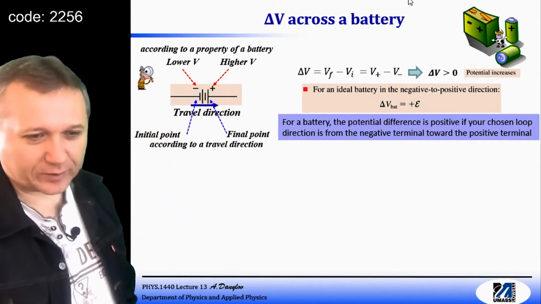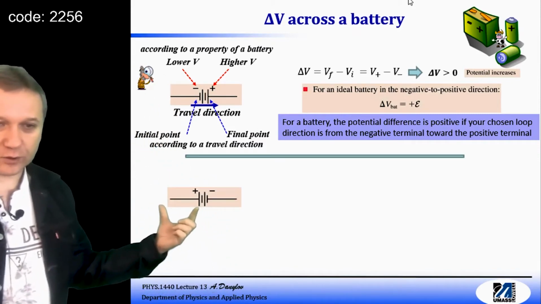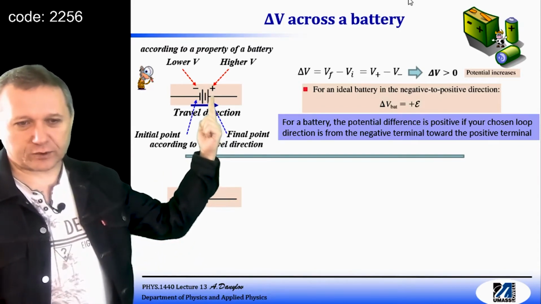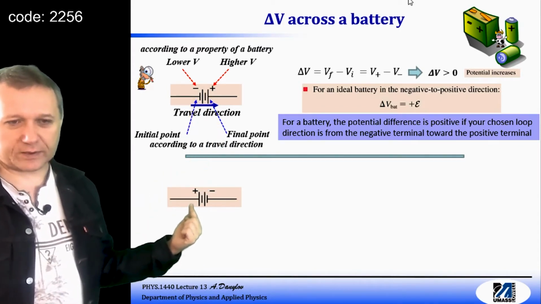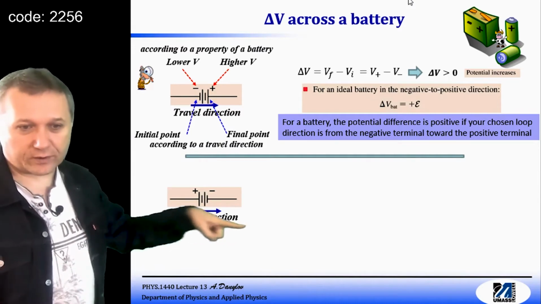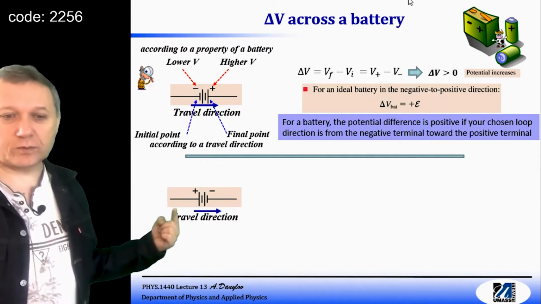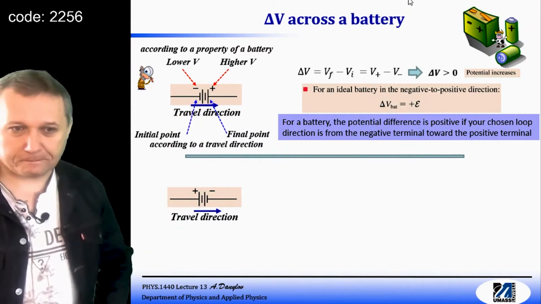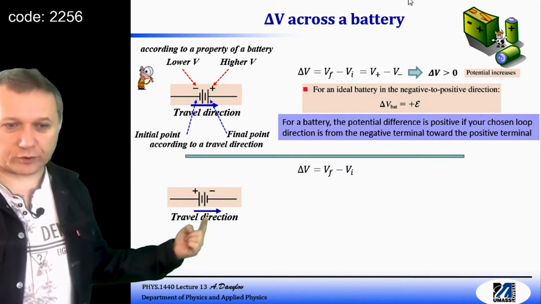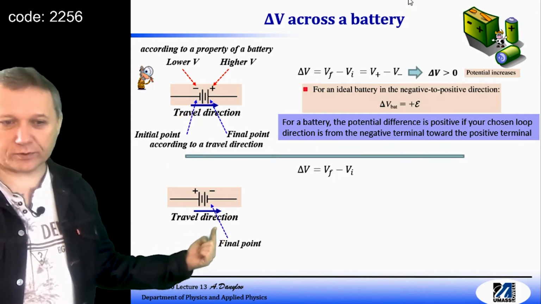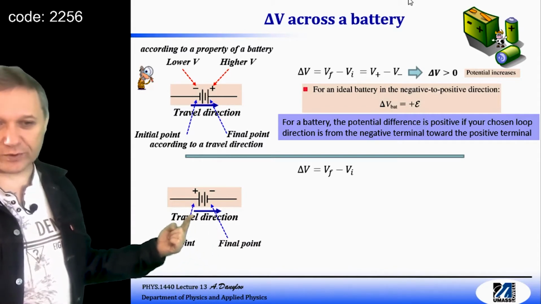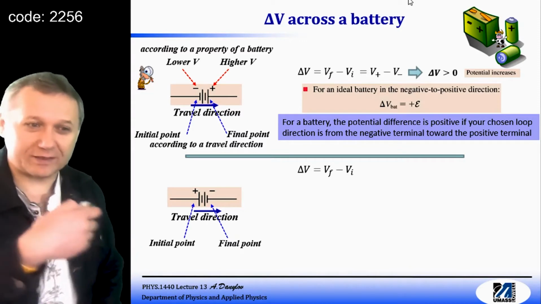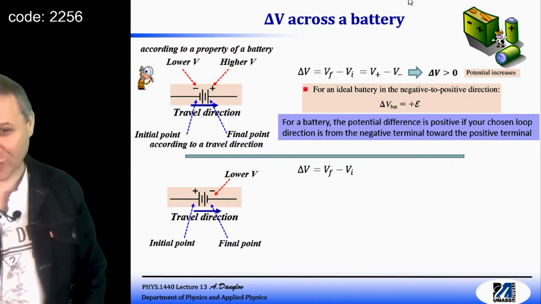But anyway, let's just quickly discuss that situation. Again, now I just flip the battery, right? You see here we had a plus over there, minus here. Now we have plus here, minus there. And the travel direction, but now you see we're traveling from plus to minus, not from minus to plus like over there. Of course, now according to the travel direction, this is the final point, this is the initial point, and now our final point is the negative electrode, so the electric potential is lower.